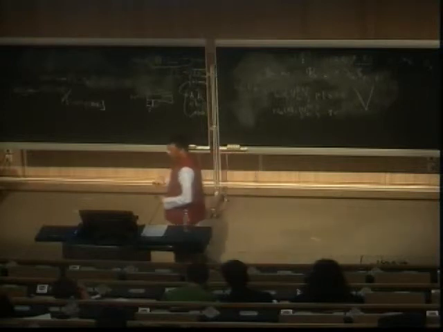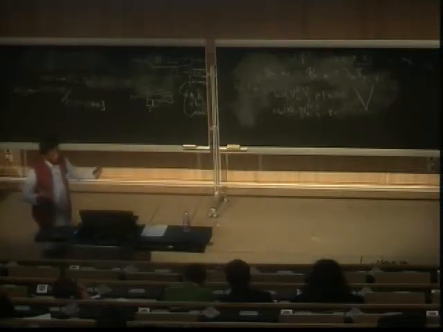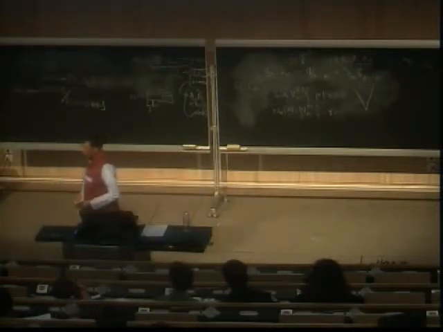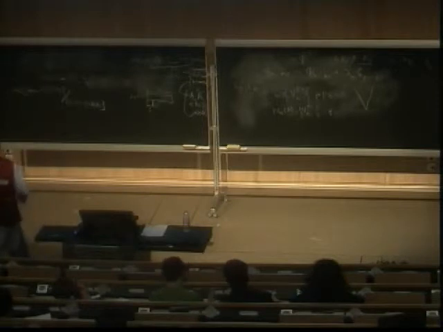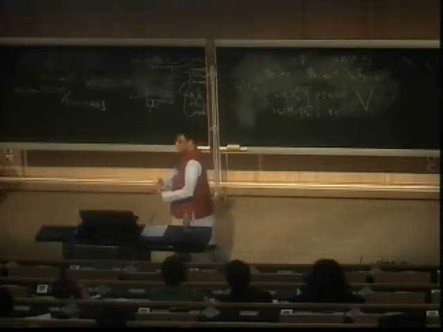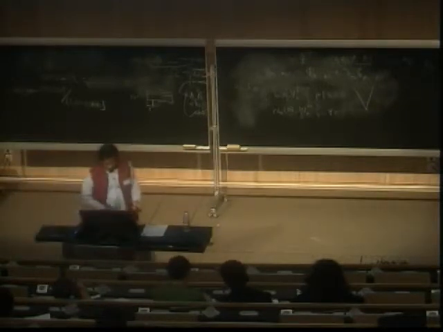So in a way, what they showed is basically that if the correspondence holds for the free theory, it automatically holds for the interacting theory, because the free and the interacting theories are related by a Legendre transformation, and that's what the change in the boundary condition does for you.